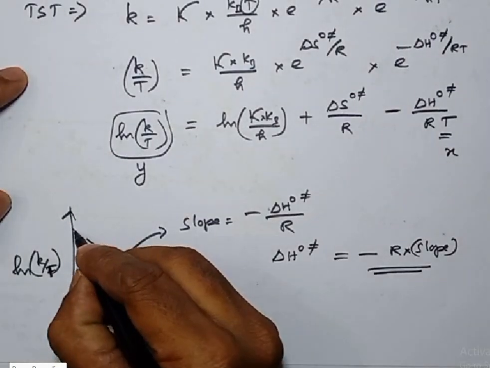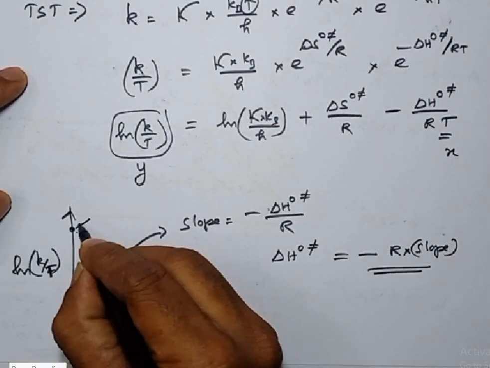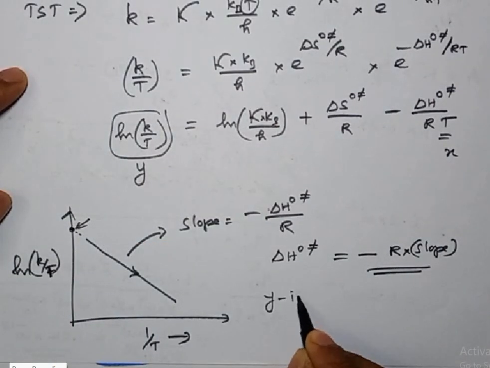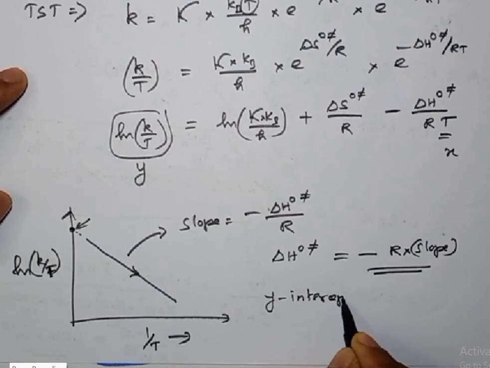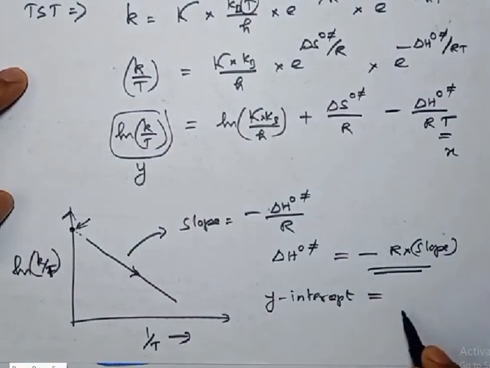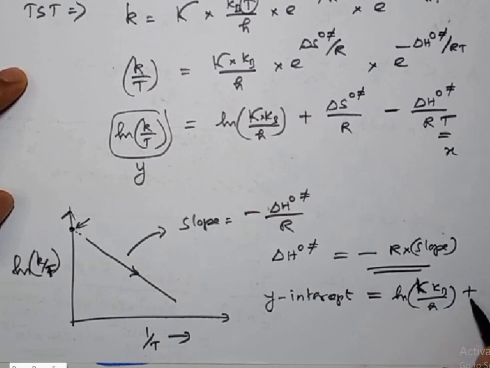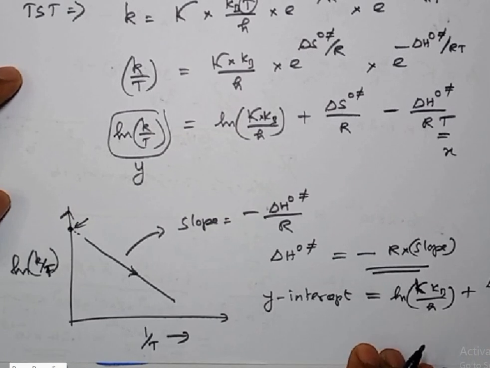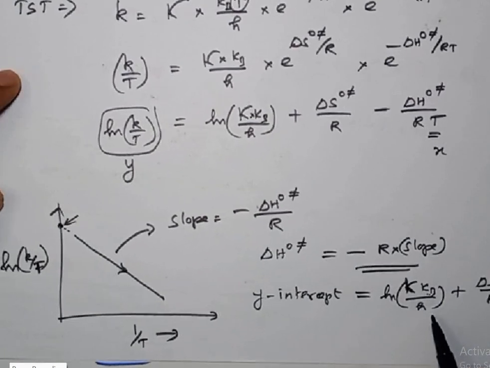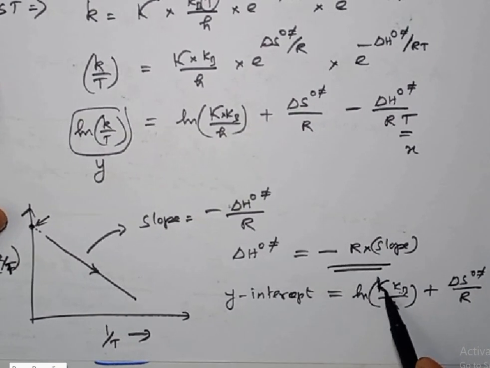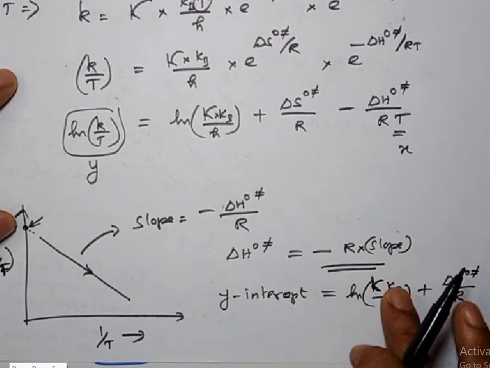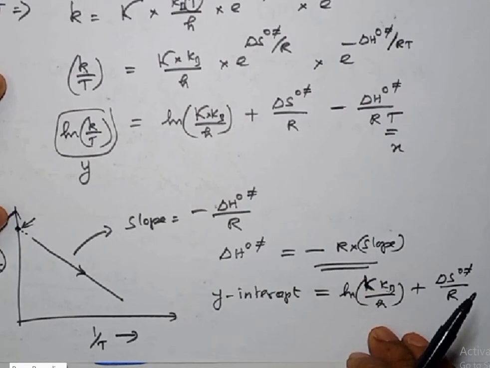Then what is the y-intercept? The y-intercept is equal to this quantity, that is ln kappa into KB by H plus delta S naught double dagger by R. KB is the Boltzmann constant, H is the Planck constant, kappa is the transmission coefficient, all these are constants.